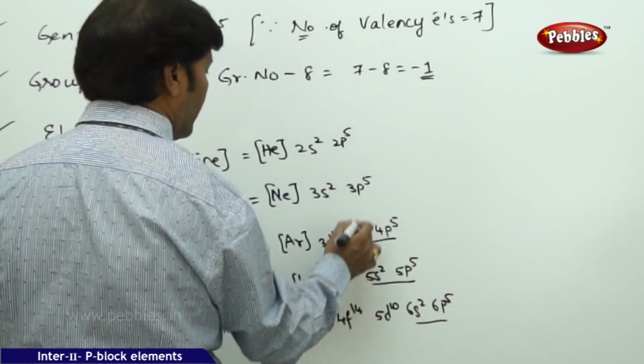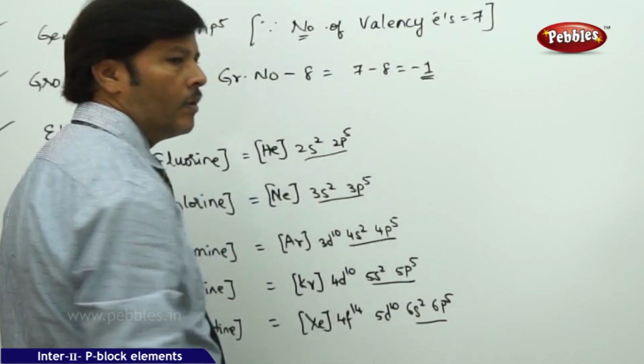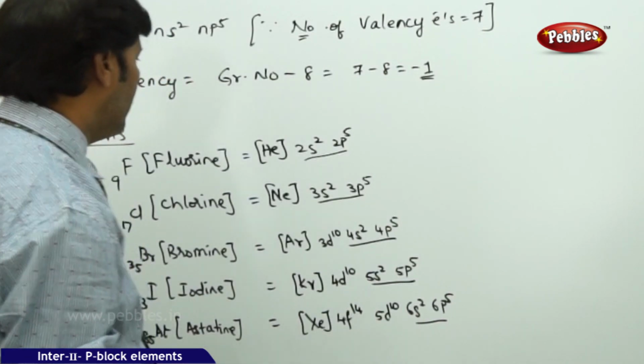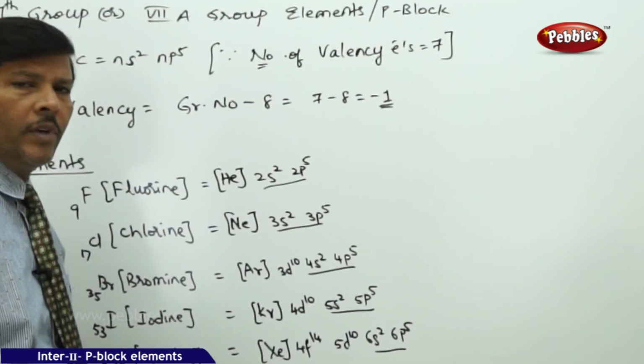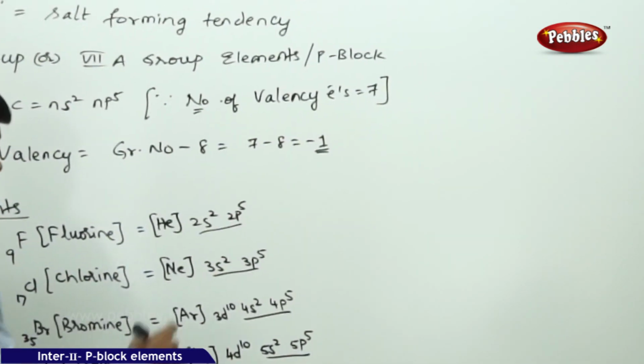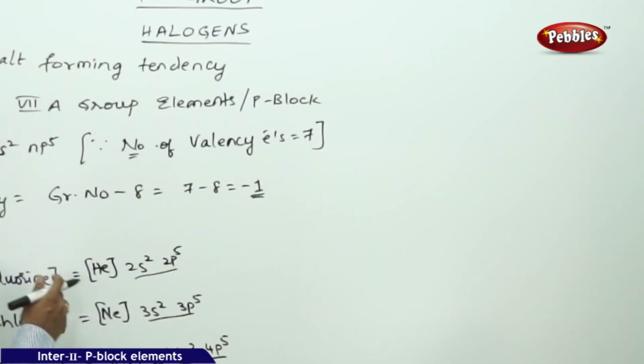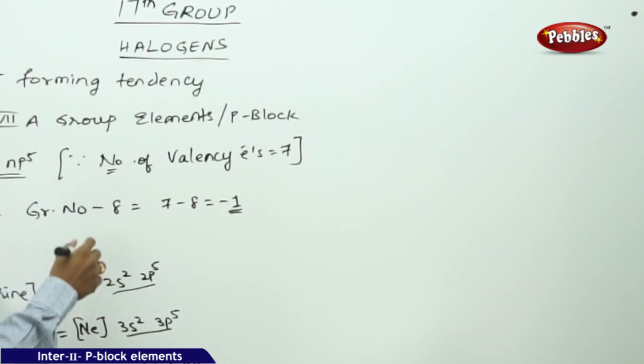So you find that the last 7 electrons are entering the ns orbital and np orbital. Therefore the general electronic configuration of the 7A group family is definitely ns2 np5.